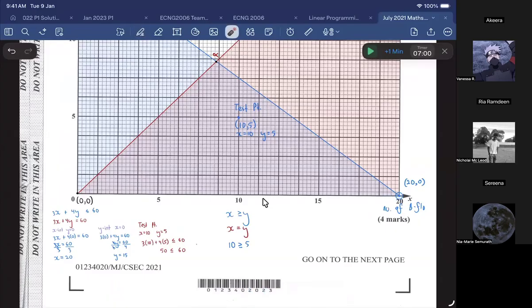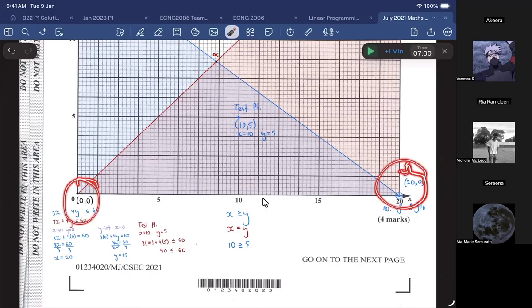Could anybody tell me why I'm not using this point? Nikolai, tell me, why am I not using this point? The phones cannot have a decimal, sir. Yeah, you can't have a fraction of a phone. So we're looking at 0, 0, and 20, 0. Out of those, which one is the obvious answer?